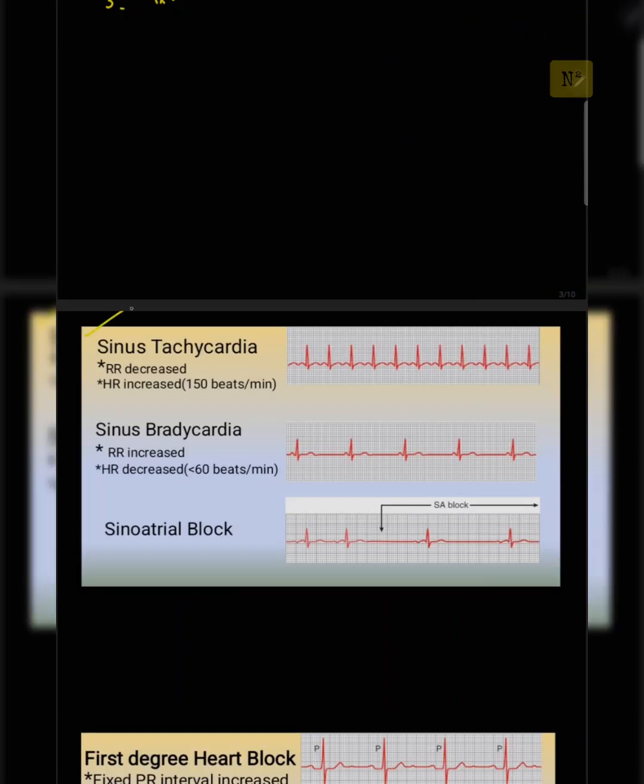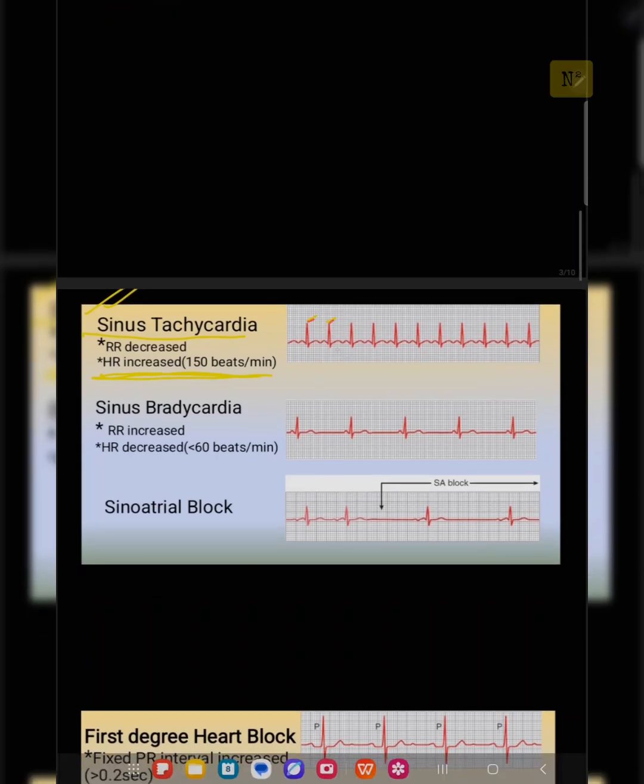There are some abnormal ECG readings like sinus tachycardia, in which there is a faster heartbeat. The heart rate will be increasing in those persons, more than 150 beats per minute. If you check the RR intervals between two tall peaks, you will get those intervals decreasing, lesser than the required amount, which is approximately 20 to 30 small squares.